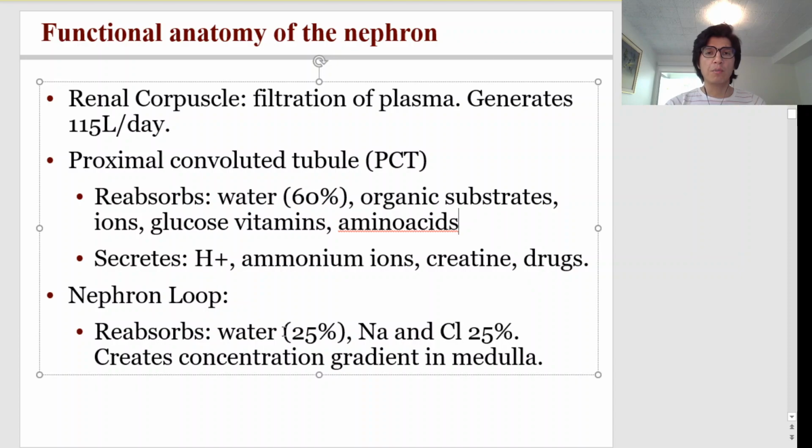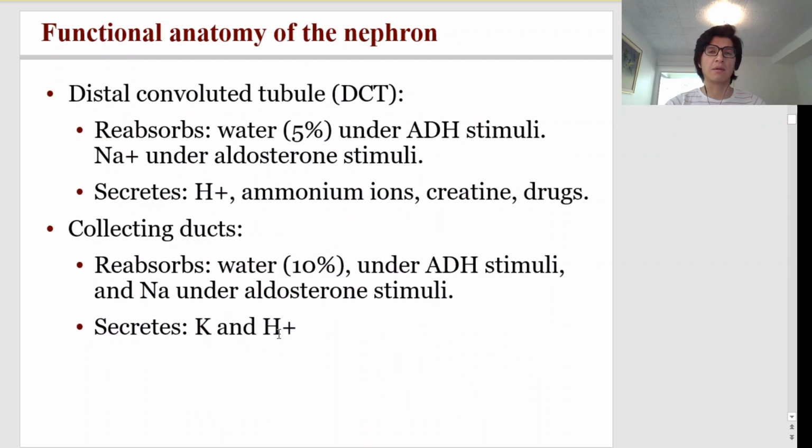The nephron loop reabsorbs about 25% of the water, as well as a large amount of sodium and chloride. And it creates a concentration gradient within the medulla, which we will see aids in the reabsorption of water. The distal convoluted tubule reabsorbs water under the stimulus of ADH. It also reabsorbs sodium under aldosterone stimulus.